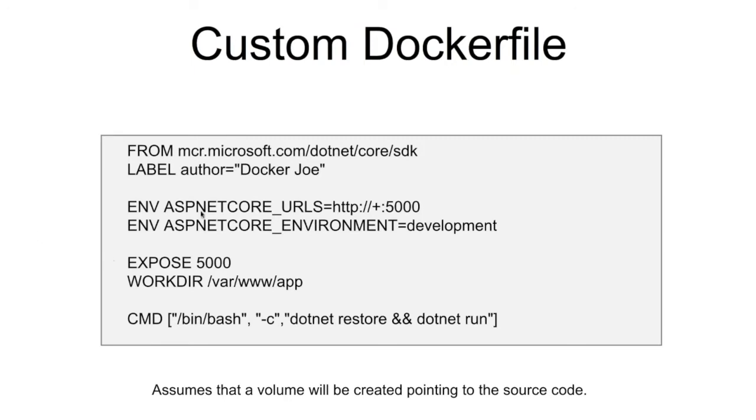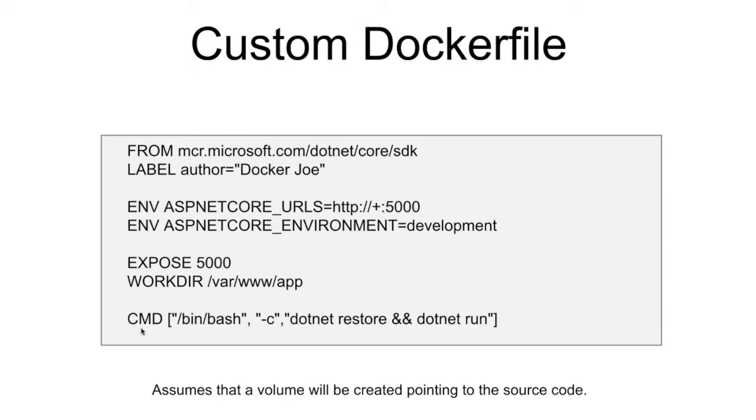Now, each one of these, the label, these are environment variables, port information, what directory in the container, and then what command to run to start this all up. These are all instructions. If you remember earlier, I gave the analogy of a layered cake. Well, each of these becomes an instruction for the layered cake. So right now we have what, 2, 4, 6, 7, it looks like, that we can have.